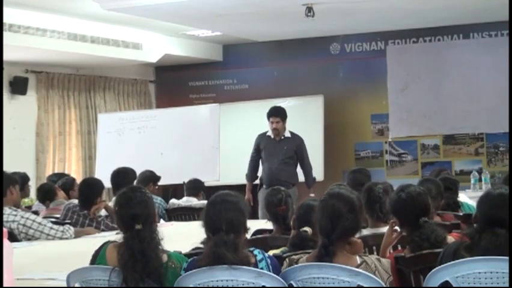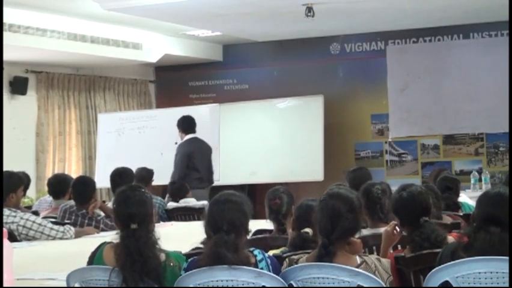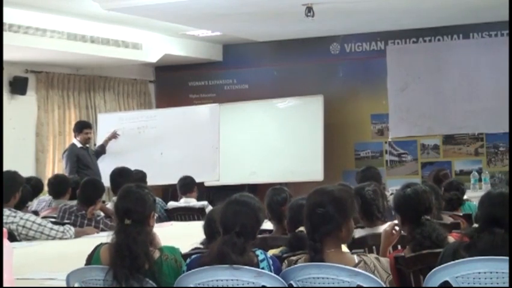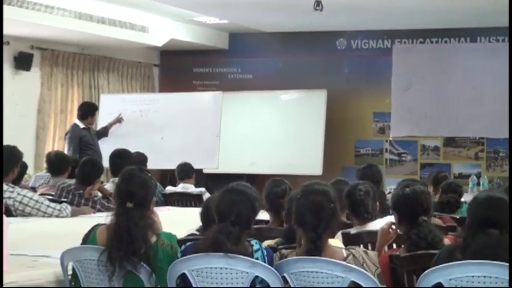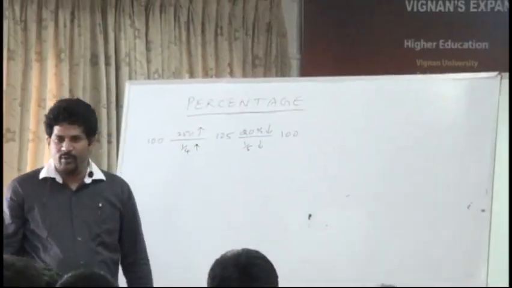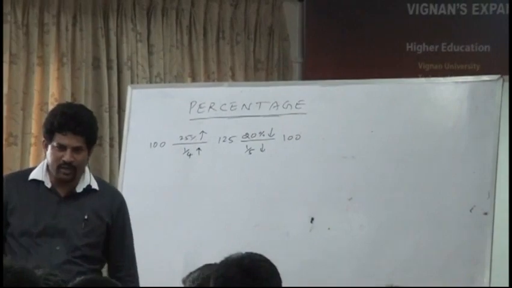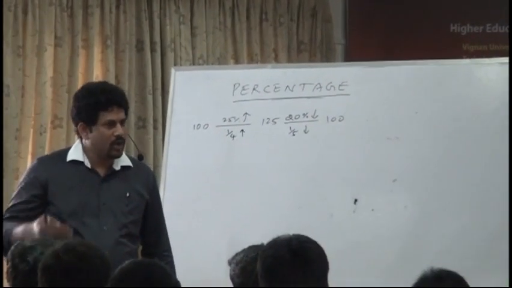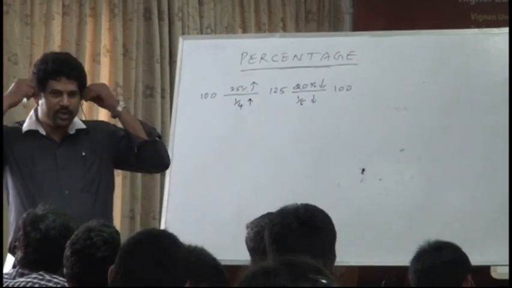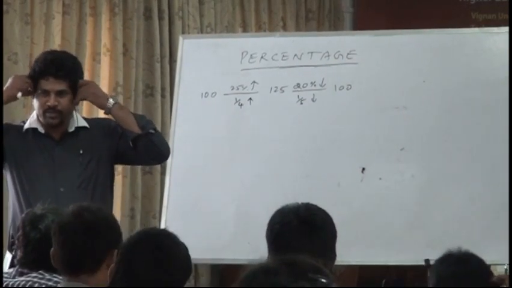Same thing. What does it mean? If the price of a commodity is increased by 25%, your expenditure also increases by 25%, but you don't want to spend 25% extra on that commodity. Rather, you want to cut down the consumption. By what percent do you need to reduce your consumption?